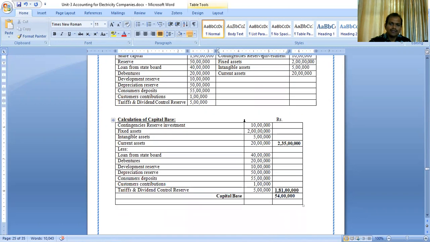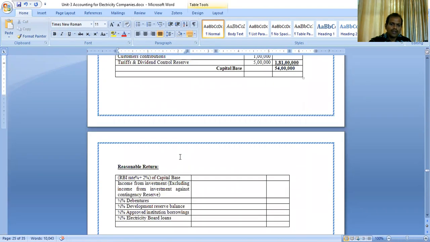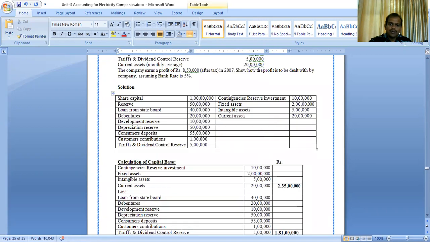So in this case, while calculating capital base, we have to consider special reserve investments only, not general reserve investments. While calculating reasonable return, we have to ignore the contingency reserves. Whatever investment is made using contingency reserves, the income on such investment we should not consider.